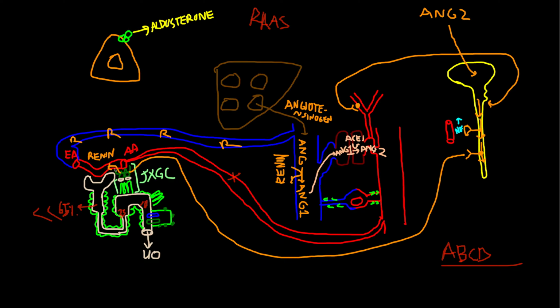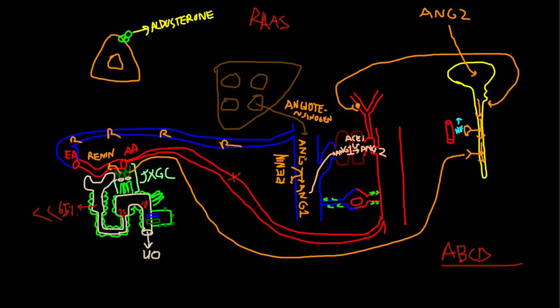This causes release of renin. And the renin goes through the efferent arteriole, renal venous return back to the IVC. The liver is always producing angiotensinogen, but in this case, in the presence of increased renin, it starts making more.